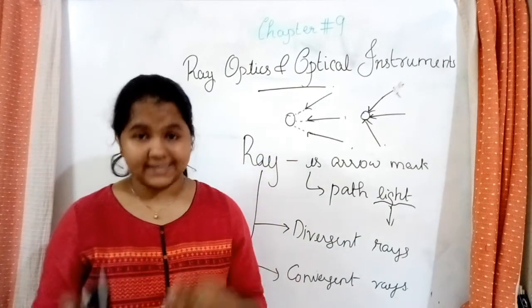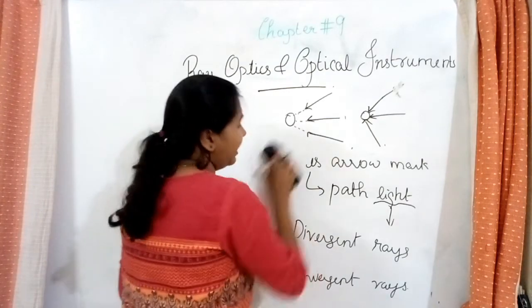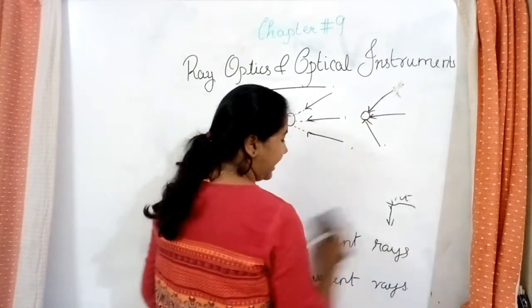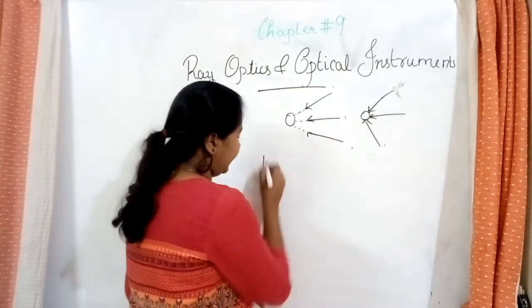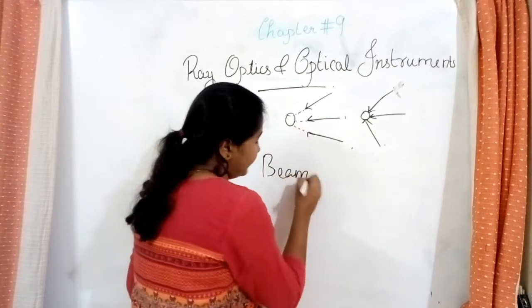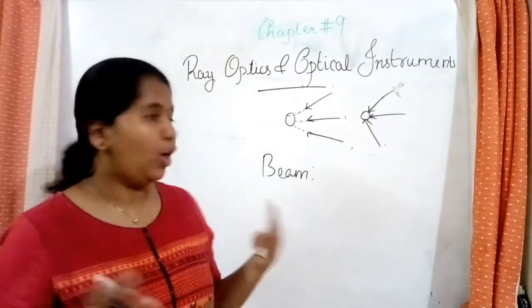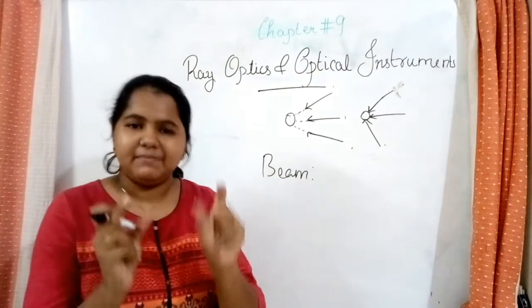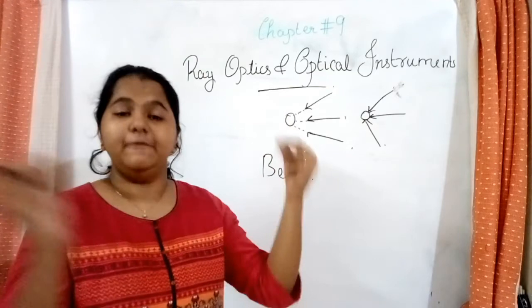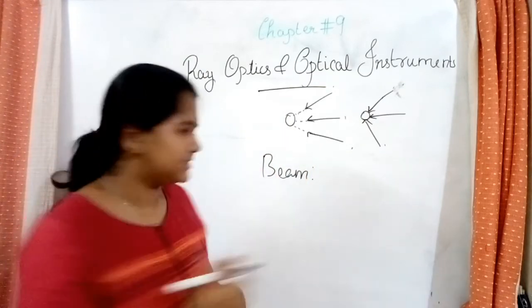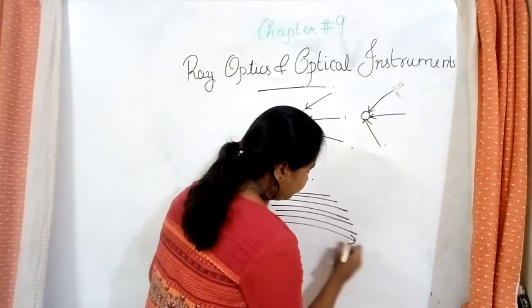Now the next term that we have to learn is beam. We have always said it's a beam of light, a beam of light is traveling. So what is a beam? A beam is a combination of many rays. That is some number of light rays coming together to form a beam.